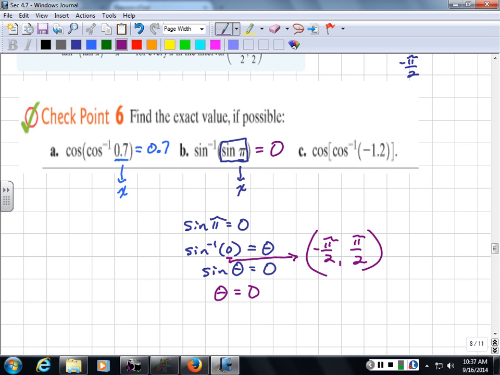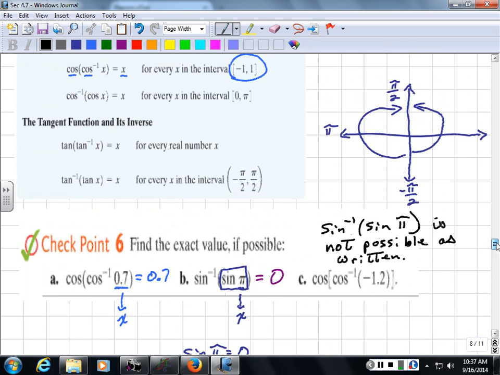So when we look at this, the sine inverse of the sine of pi is not possible as written, because it is not equal to pi. Okay, does that make sense? I have to go ahead, find out what the sine of pi is first, and then find out what the inverse sine of that is.